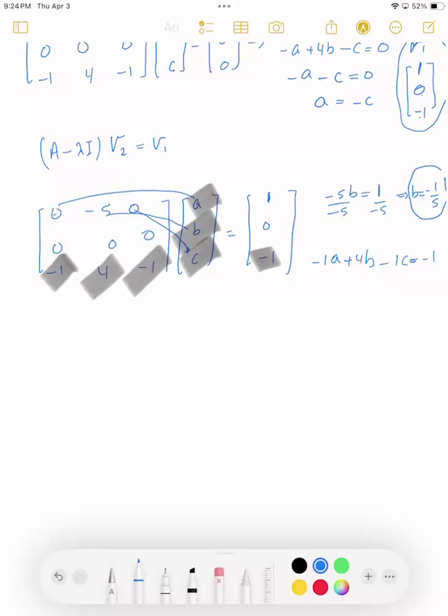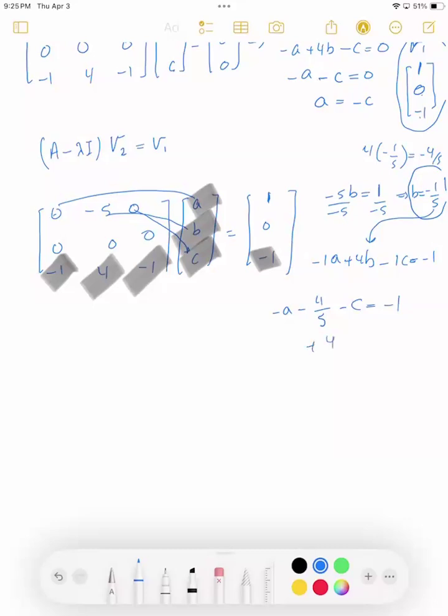So we know B is negative 1/5, so we get negative A plus 4 times negative 1/5, which is negative 4 over 5. So this becomes negative 4 over 5 minus 1C, or just C, equals negative 1.